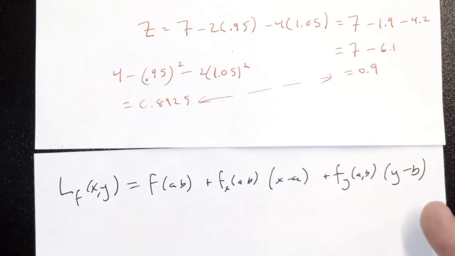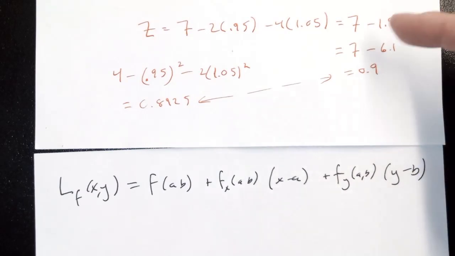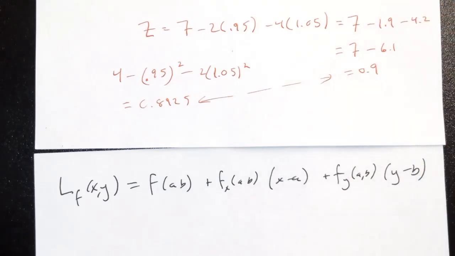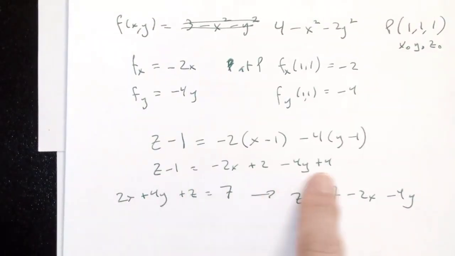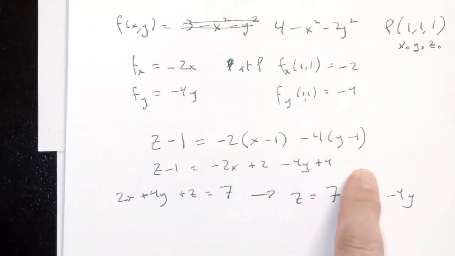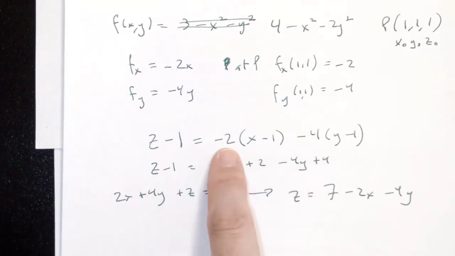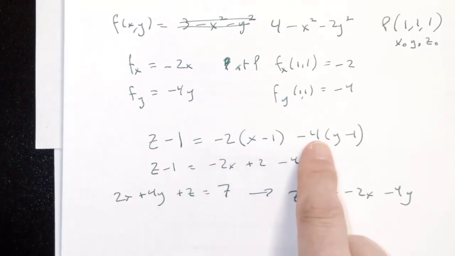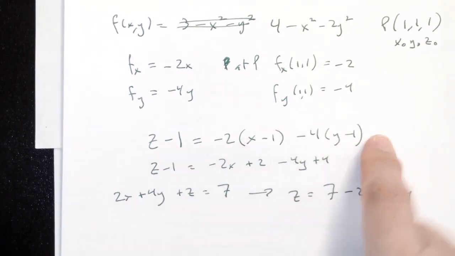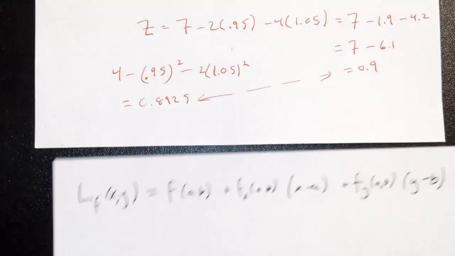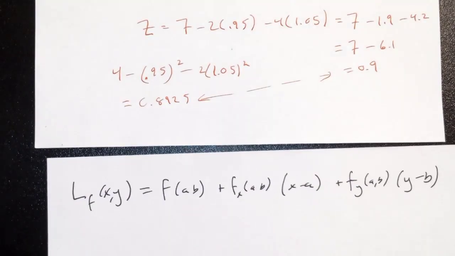But that's exactly what we were using to create our tangent plane, wasn't it? That's the same equation we used here when we rearranged and put it all on one side. Z equals derivative times x minus a, derivative times y minus b, and then I just move that to the other side. Right there. It's the same equation. I like working in planes. They're easier. Straight lines are much easier to deal with.